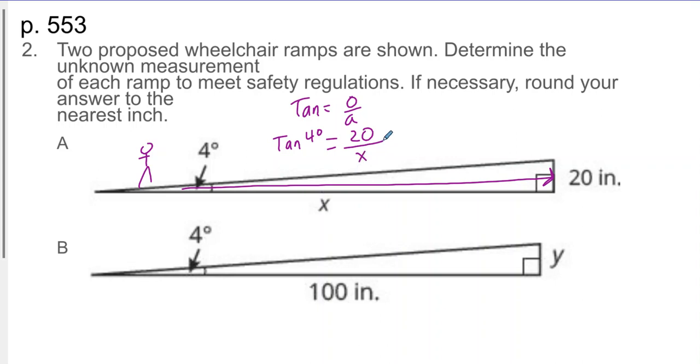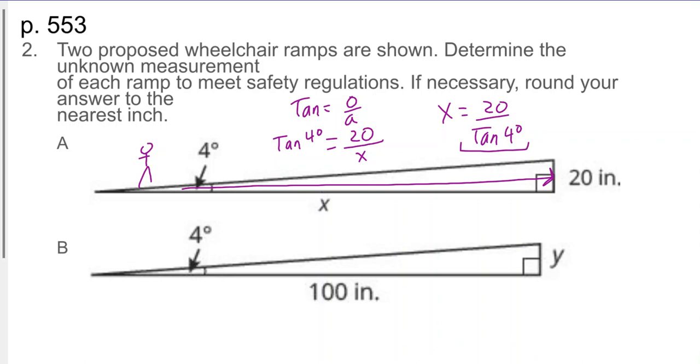Now, I want to do some math, cross multiply, or the trick is I can just take the numerator and denominator on opposite sides of the equation and swap them. So x will equal 20 over the tangent of 4 degrees.